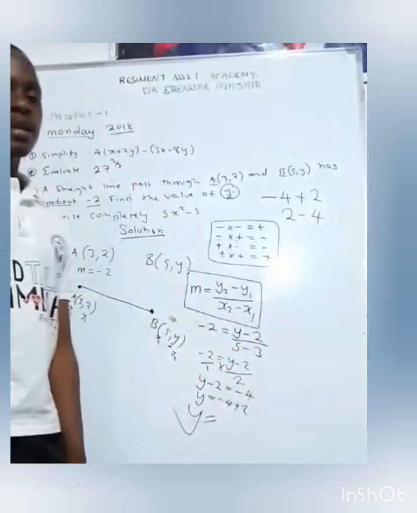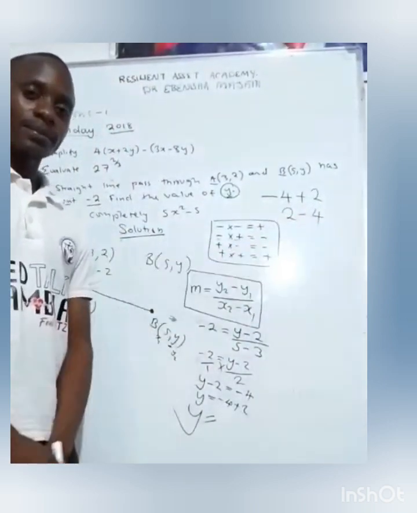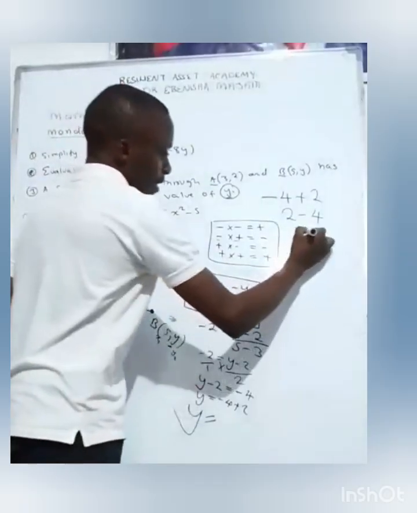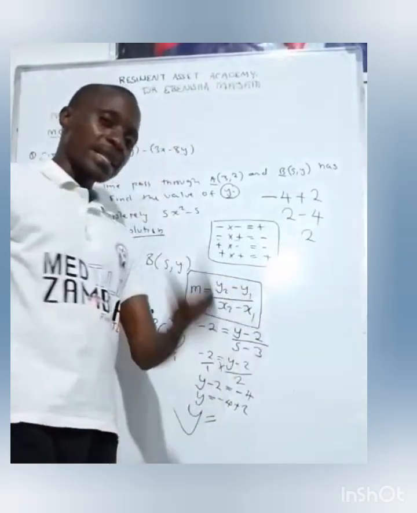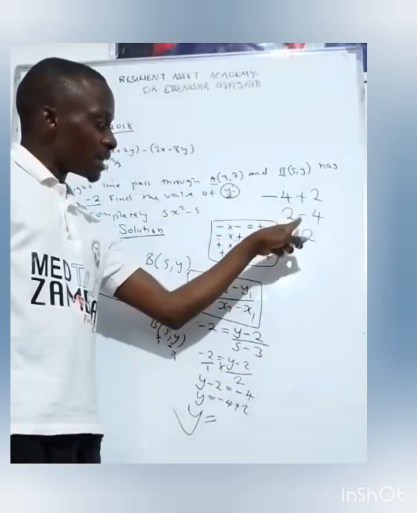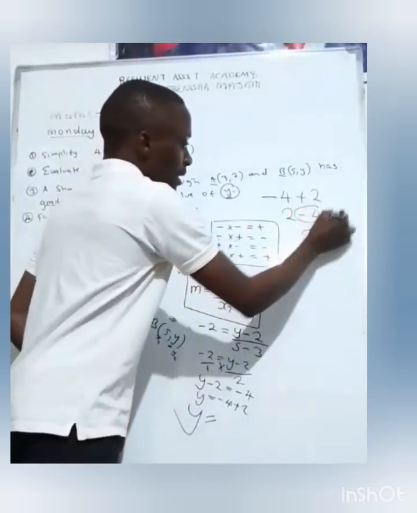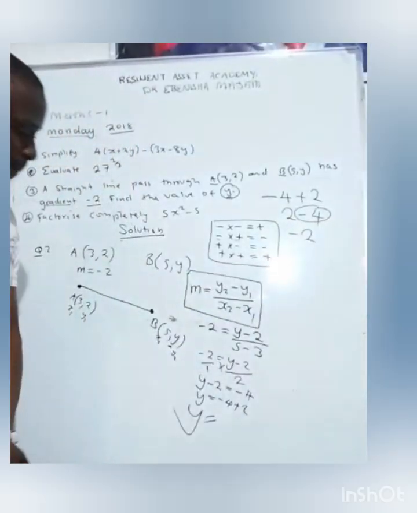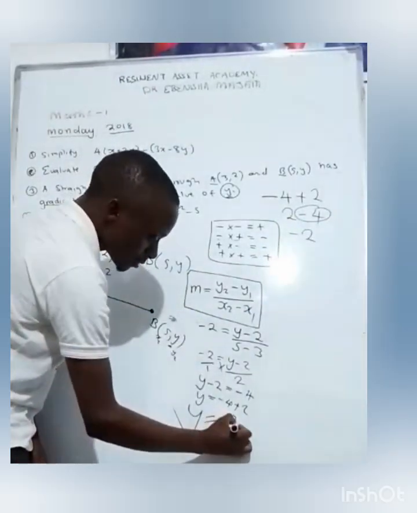From 4, we get 2. So here it is just the 2, but you get the sign from the bigger number. So you say 4 minus 2, but the sign from the bigger number is negative. So here it is negative 2. So meaning y will be negative 2 there. You are done. You found what y is.